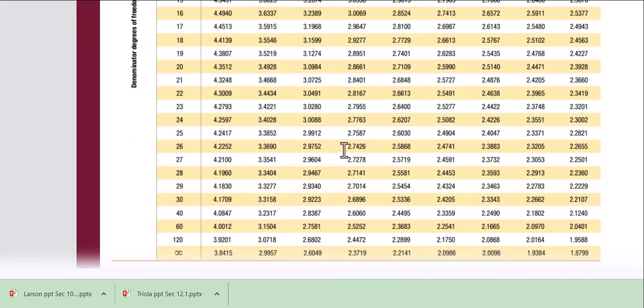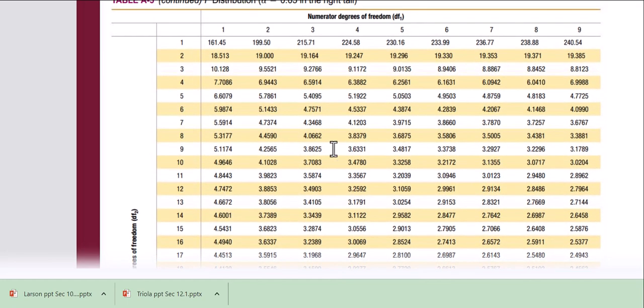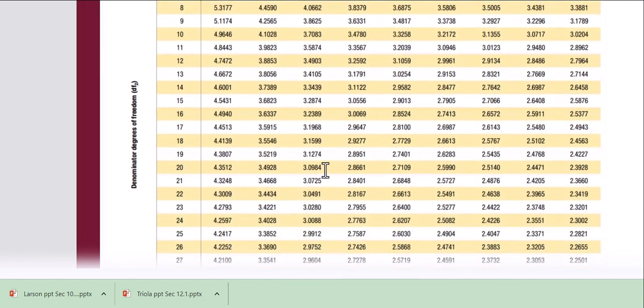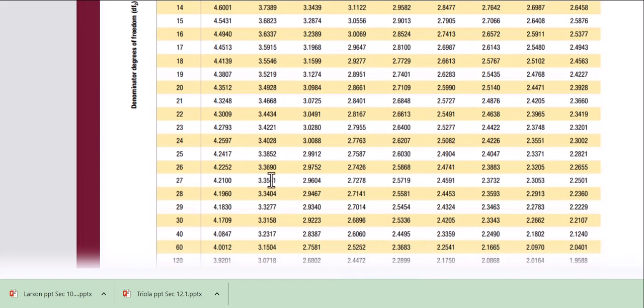So then we're going to go to the third column and then 26. So 2.9752. That will be our critical value.